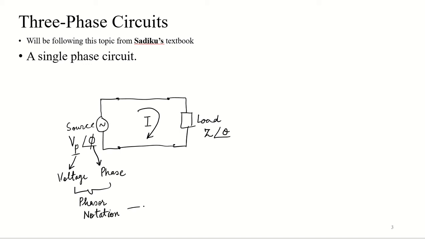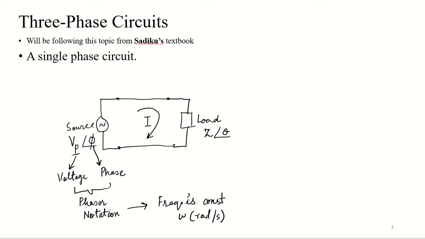And the key assumption of phasor notation is that frequency is constant. It means your system has omega radians per second as constant.